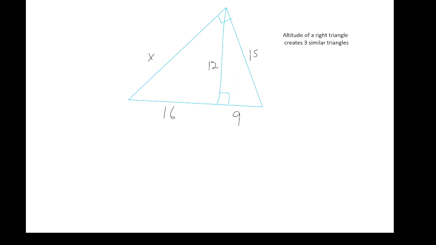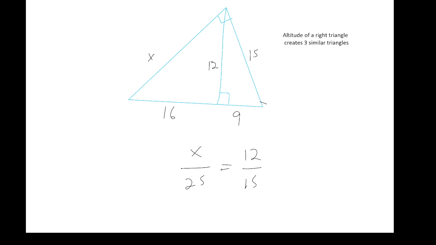So let's solve for x here, okay? So x, which would be the long leg, to 25, which is going to be the entire hypotenuse, will be 12, the long leg, to the hypotenuse 15.